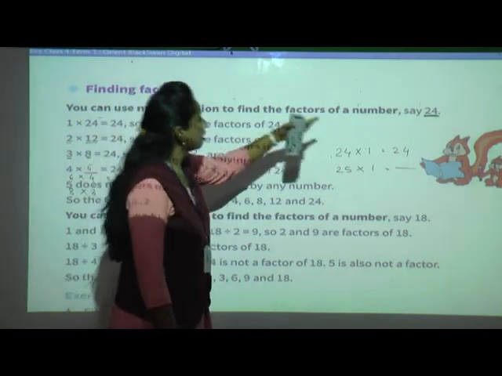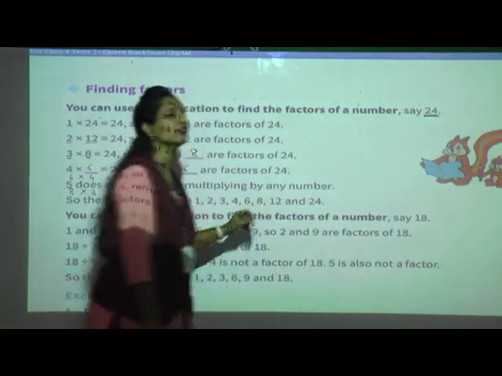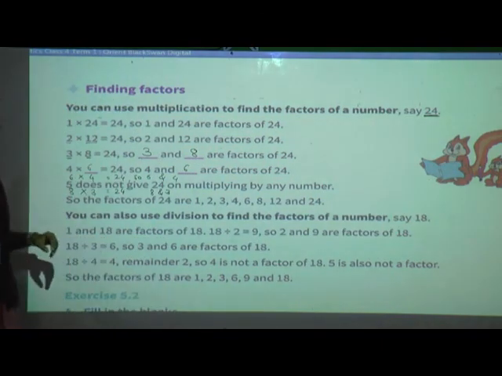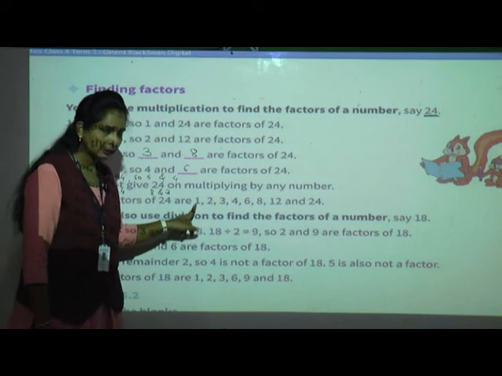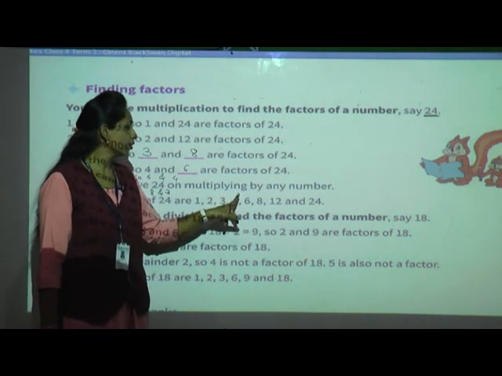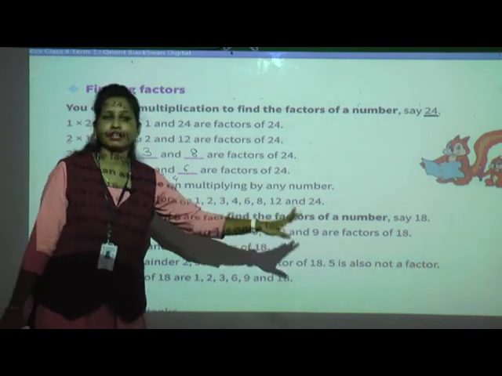We want the number itself, that is 24, because we have to find the factors of 24. So till 24 comes, you have to think which number we can multiply to get 24. So here, the factors of 24 are 1, 2, 3, 4, 6, 8, 12 and 24.